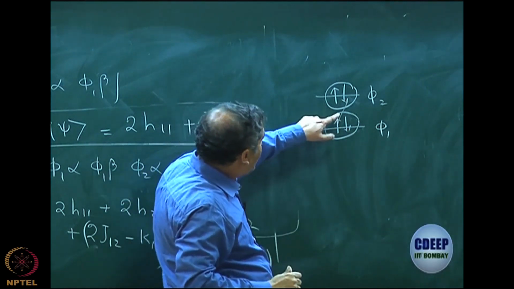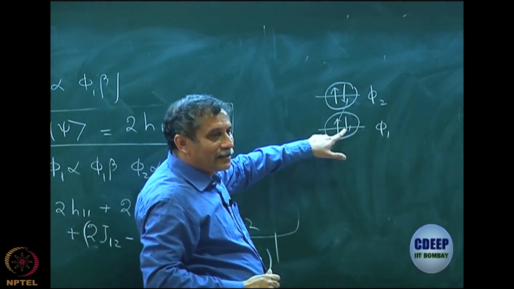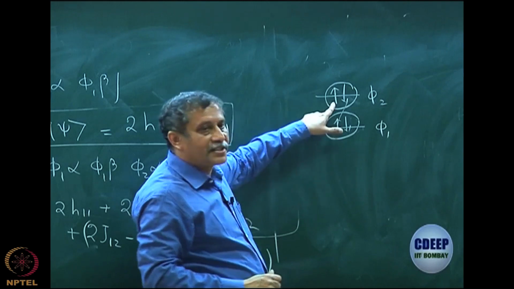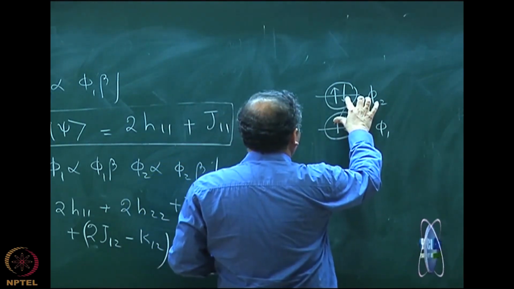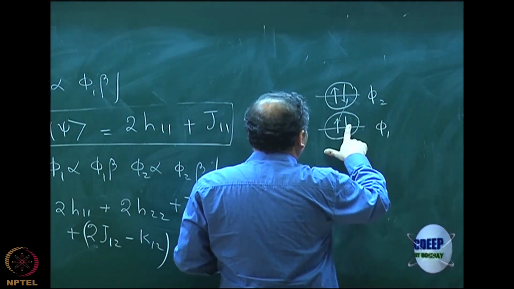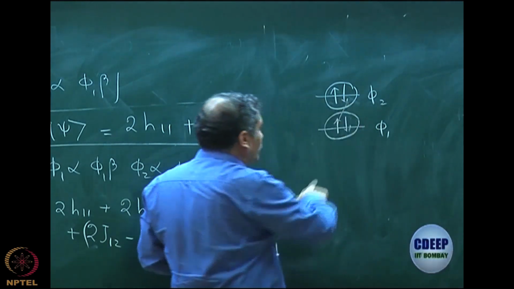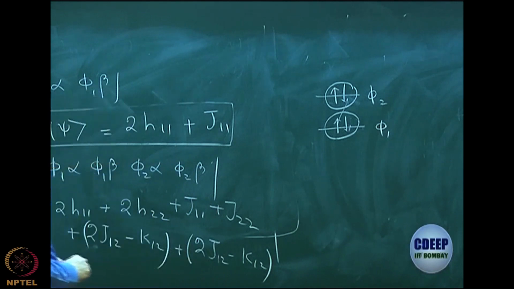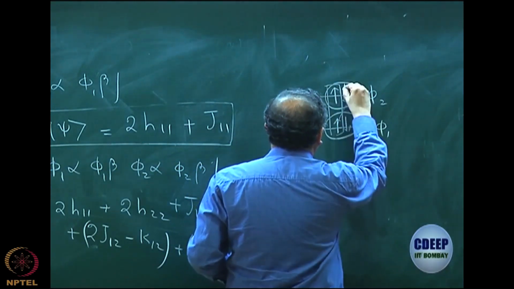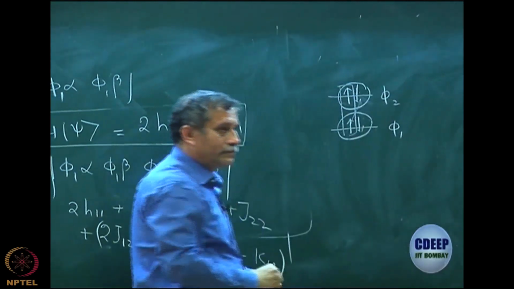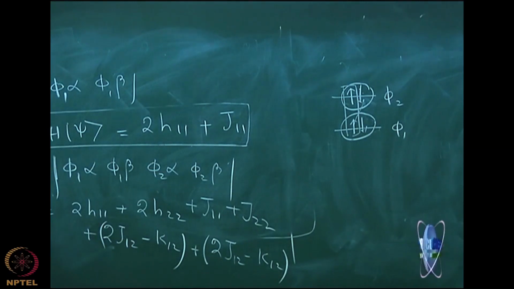There are 4 pairs of anti-parallel spins, one sitting in 1, one sitting in 2. So I have got up and down, and here also I have got up and down. So the total number would be 6. And there are 2 pairs of parallel spins.